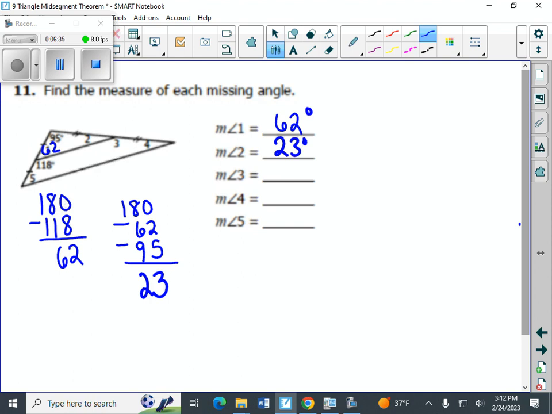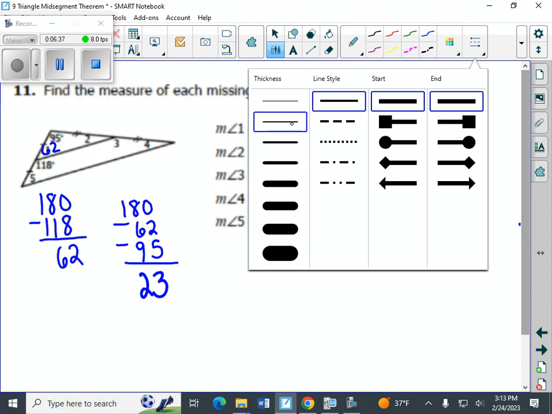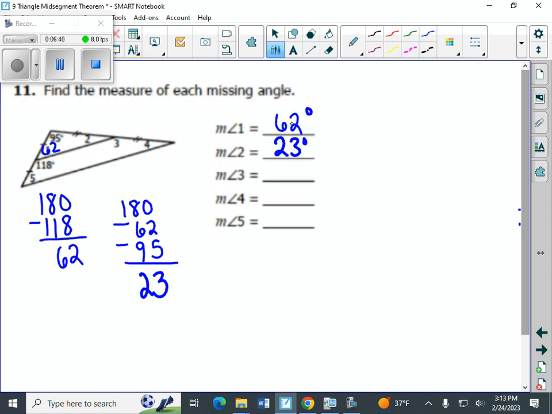And we can also use our idea of corresponding angles, because what we know about the midsegment and the other side of our triangle is that these are parallel. So angle 1 is 62 degrees, and that's on top of the parallel line.